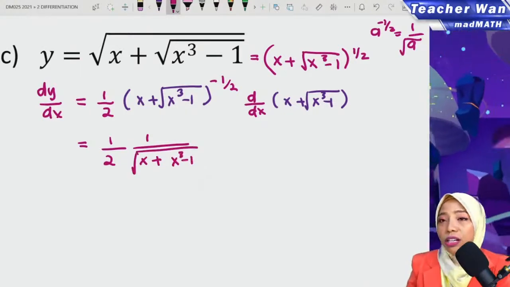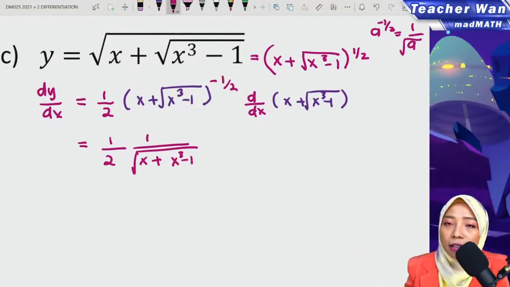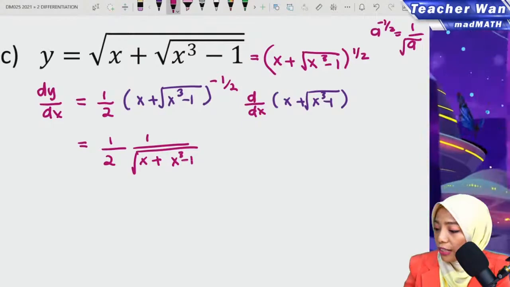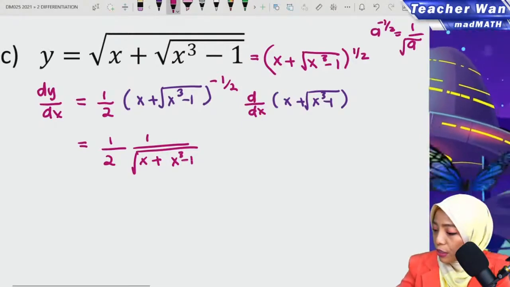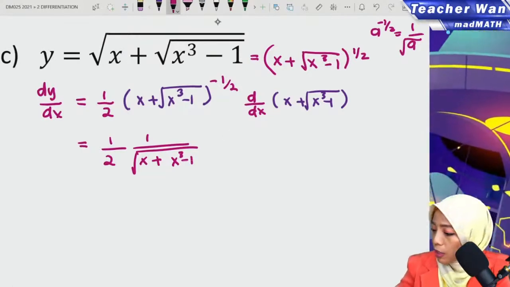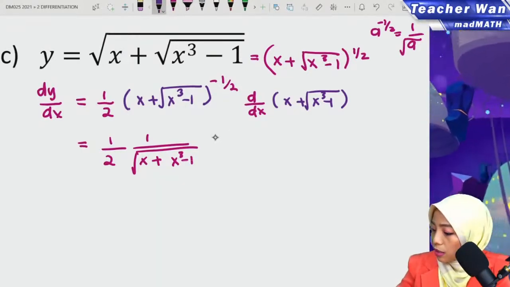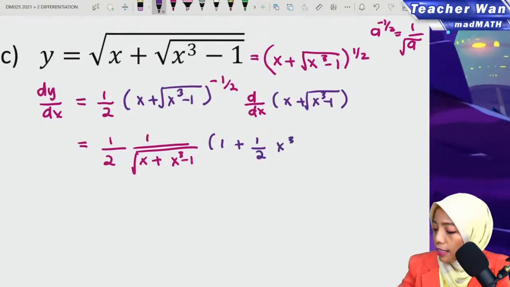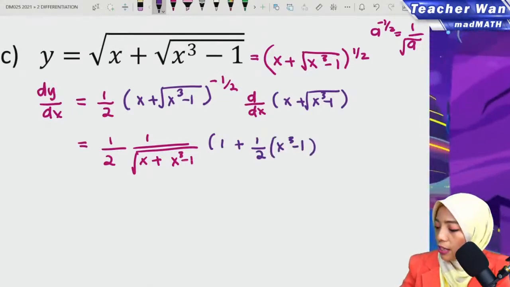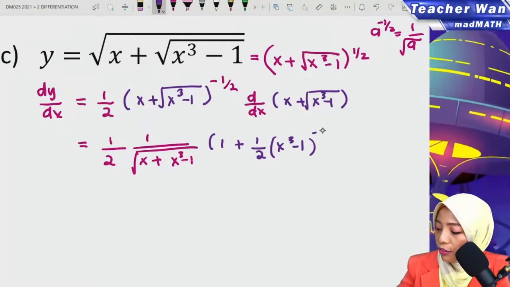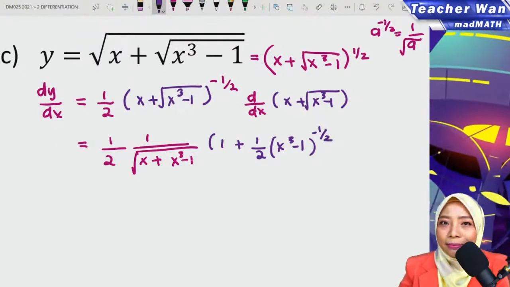Now we have done the front part. Now we differentiate the purple function, x plus root of x cubed minus 1. Differentiating gives us 1 plus 1 over 2 times x cubed minus 1, to the power of 1 over 2 minus 1, which is negative 1 over 2.